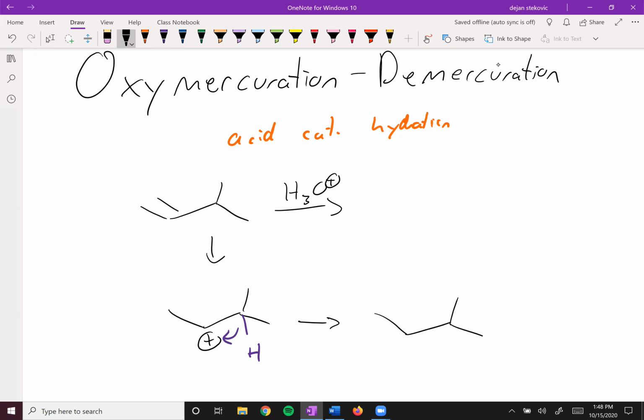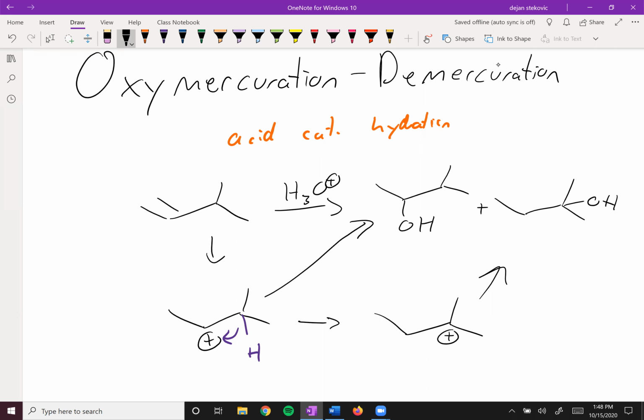So we can have this hydride shift to form this carbocation here, and then this can go on to form this product, whereas if we go from this intermediate, we get this product. And so you can see we have a mixture of products here, as well as some carbocation rearrangement, right?